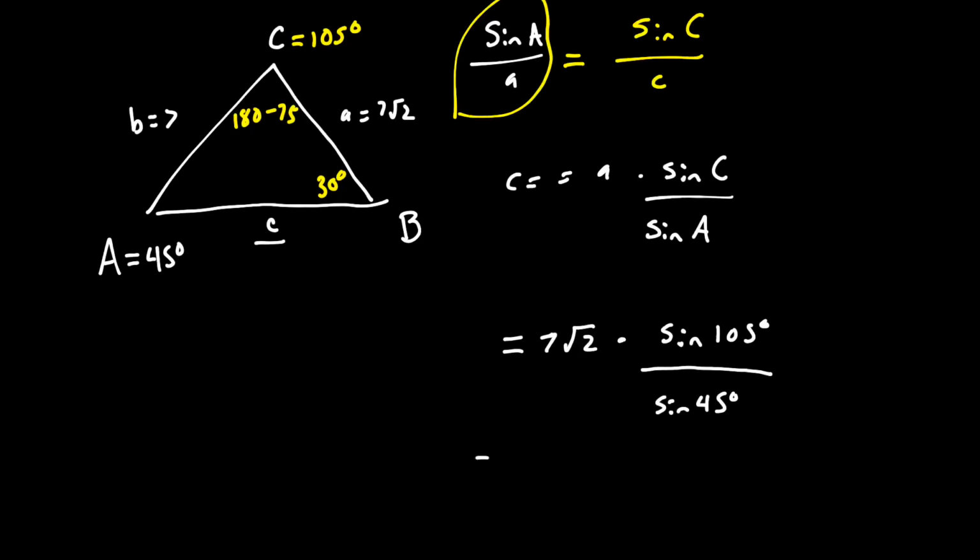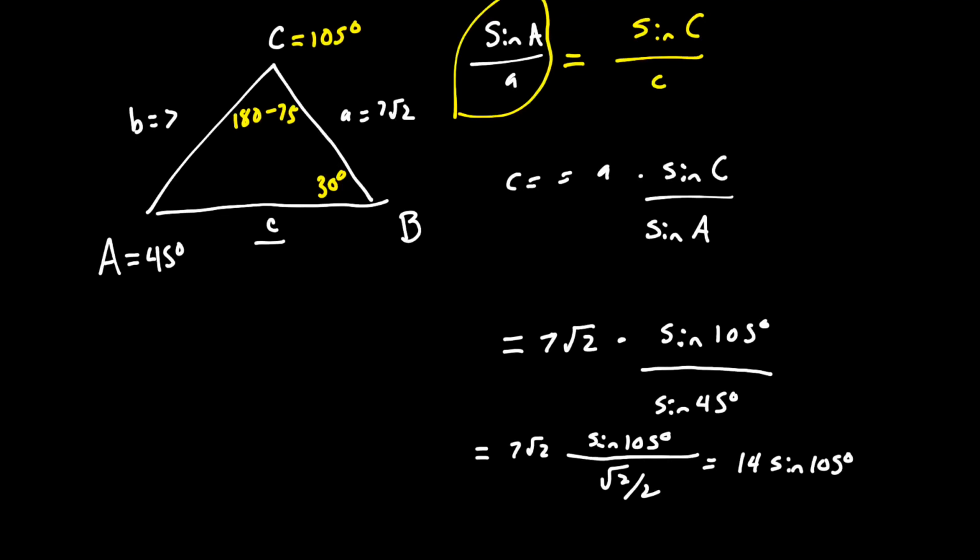Simplifying, this is equal to 7 square roots of 2 multiplied by sine of 105 degrees divided by the square root of 2 divided by 2. Simplifying this again, our square roots of 2 cancel out, our 2 comes to the top, and we're left with 14 times sine of 105 degrees.